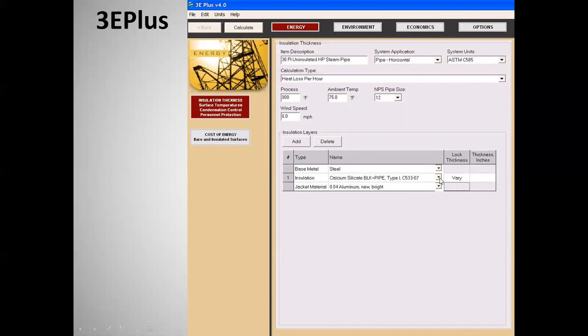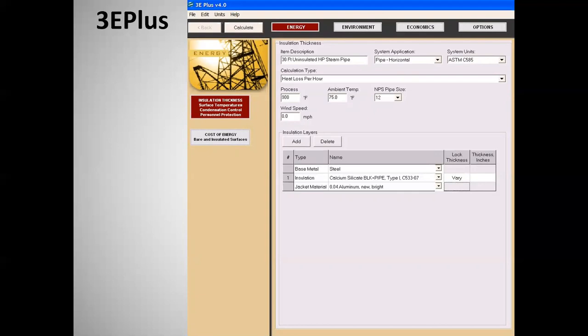And then you can click on this, and I bet it's got 30 different types of insulation. That's the hardest part, knowing what type of insulation to select, because some of them are trade names. But if there's a common insulation, it's in there.